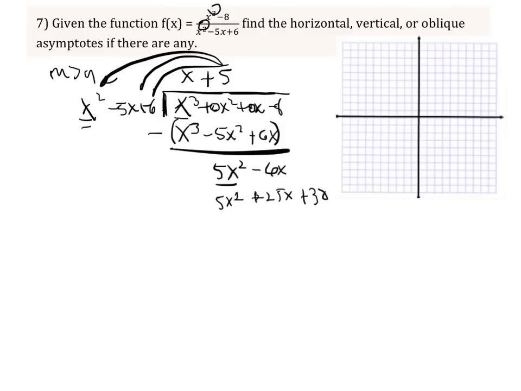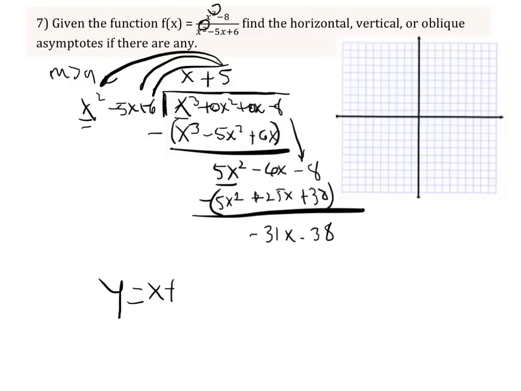Bring down the minus 8, and you get negative 31x minus 38. So my final answer is y equals x plus 5 minus 31x minus 38 all over x squared minus 5x plus 6. And again, we ignore this.